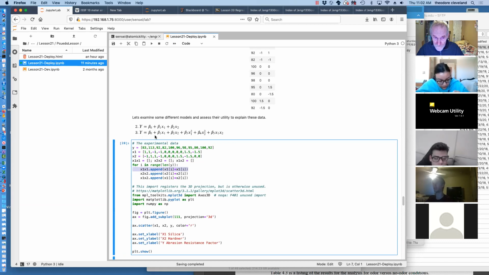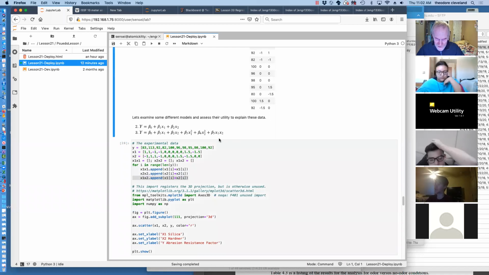It's going to be used for beta 3, x1 squared. Good, you're correct. This next line, x2 x2, what does that do? Beta 4, x2 squared. Good. And then the last line, x1 x2. Beta 5, x1 x2. Excellent.